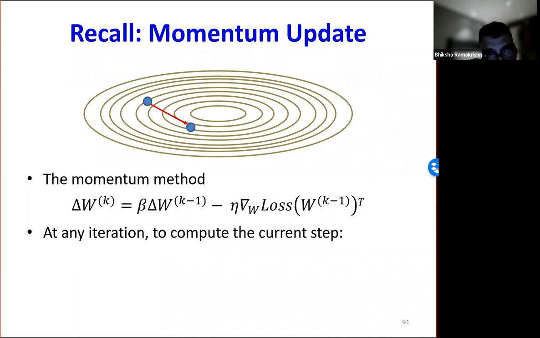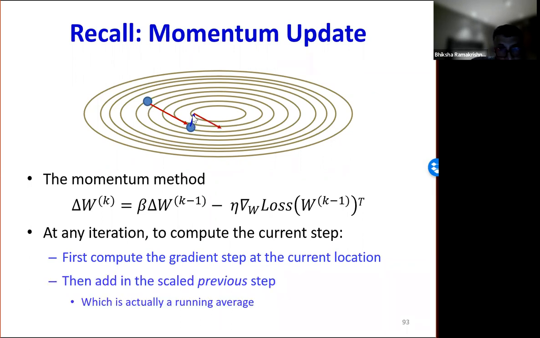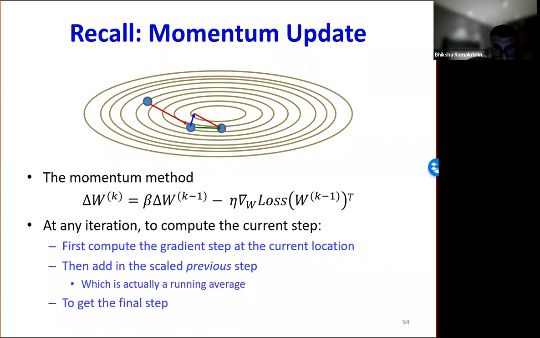If this was your previous step, and this was the gradient you computed in the current iteration, then the final step was going to be this. This was the step that you computed in the current iteration, which is going to be eta times the negative of the gradient. Then to it you would add some scaled version of the previous step, and that is going to give you your current step.